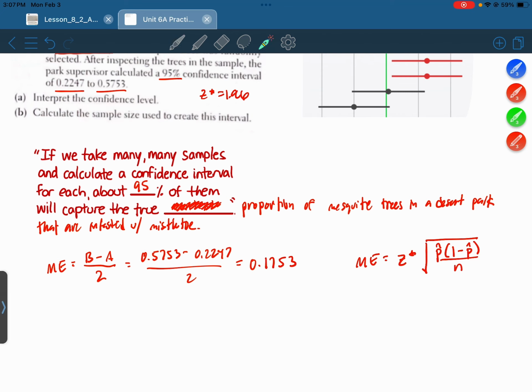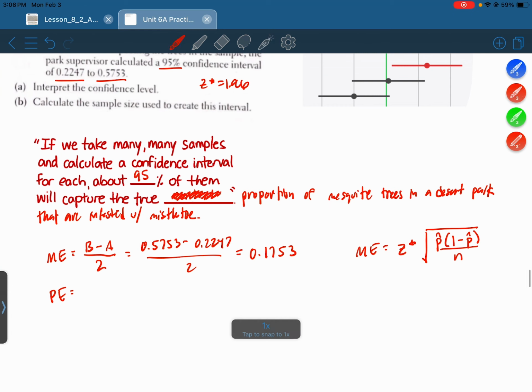Okay, p hat. P hat is the point estimate. Well, we can work backwards and figure out the point estimate. The point estimate is just going to be the midpoint of our interval, or just the average of those two values. We can write it like a plus b over 2, or in this case 0.2247 plus 0.5753 divided by 2, and that's going to equal 0.4.